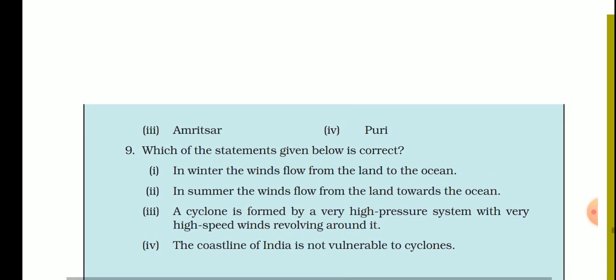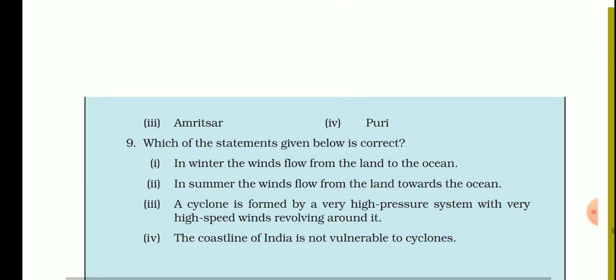Question number 9th. Which of the statements given below is correct? Statement number 1 is, in winter the winds flow from the land to the ocean. Statement number 2, in summer the winds flow from the land towards the ocean. Third, a cyclone is formed by a very high pressure system with very high speed winds revolving around it. Fourth, the coastline of India is not vulnerable to cyclones.